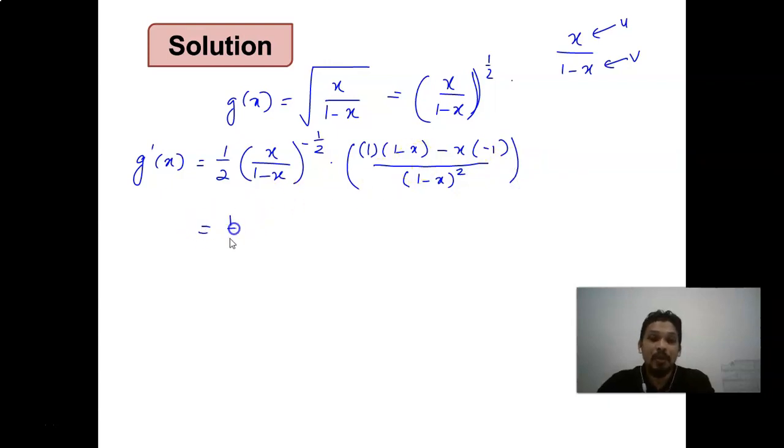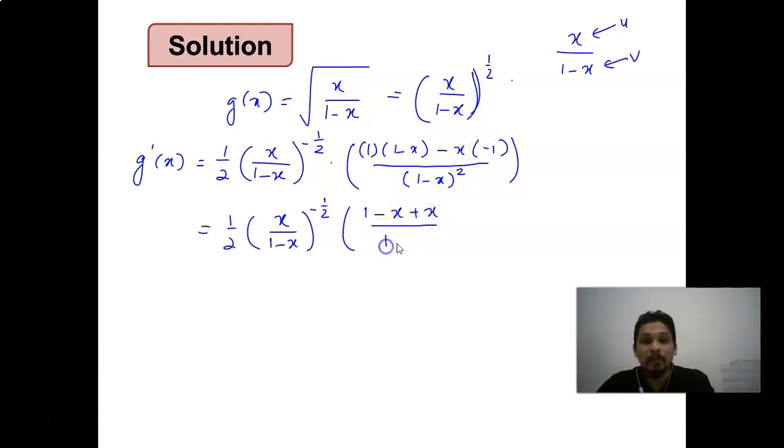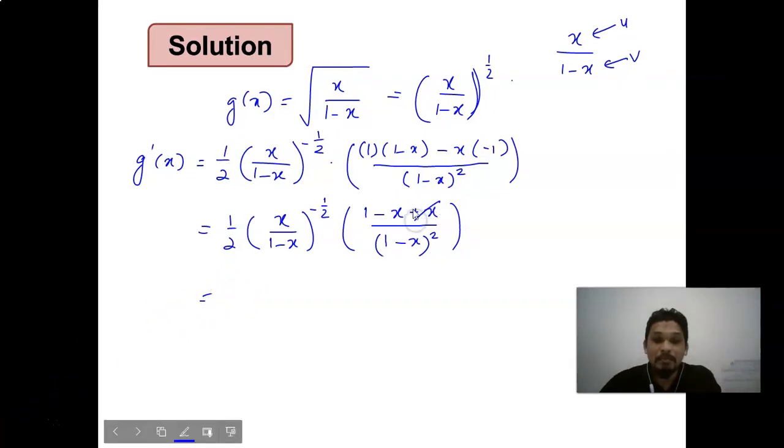Okay, so now 1 over 2, x divided by 1 minus x to the power of negative 1 over 2. 1 times 1 equals 1 minus x, negative x times negative 1, positive x, divided by (1 minus x) squared. Now x minus x, then only 1 is left here.